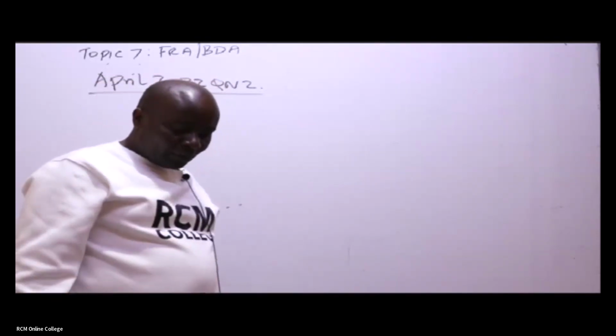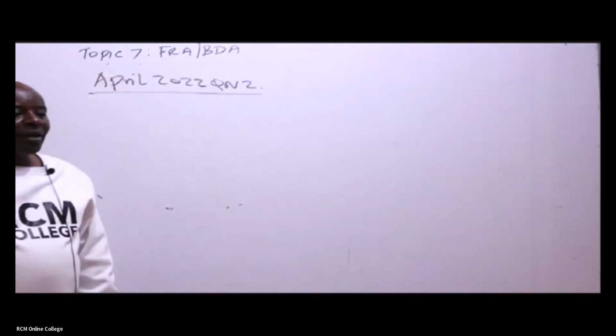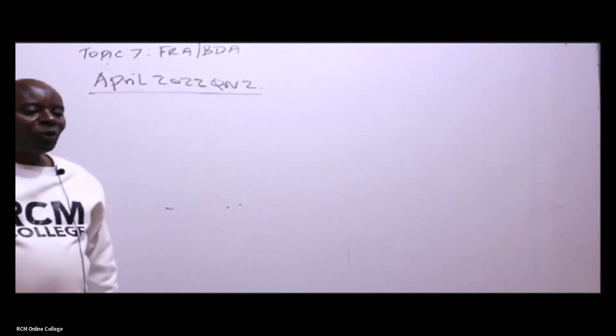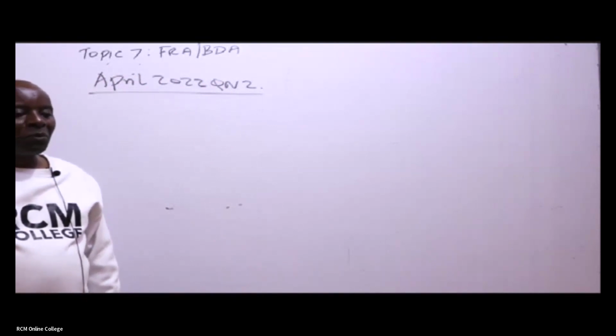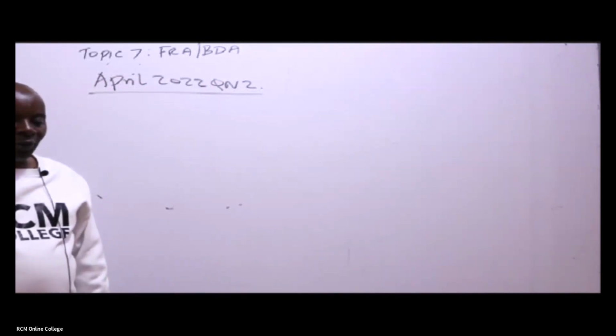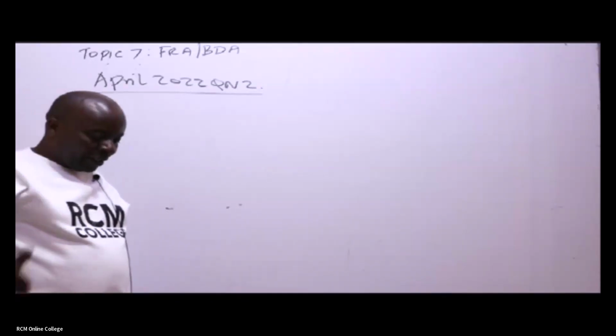I'll get all the marks there with my eyes closed. Pius has been able to send the question. Once you download it, put your thumbs up to start doing it.